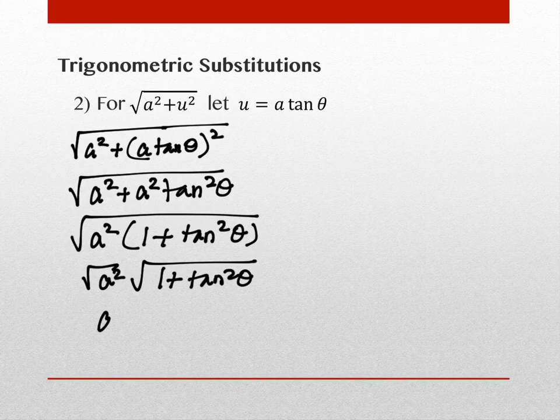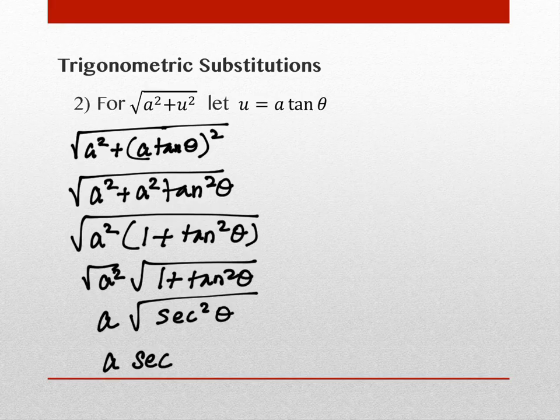The square root of A squared is A. What is 1 plus tangent squared? Secant squared. And what is the square root of secant squared? Secant of theta. So this is A secant of theta.